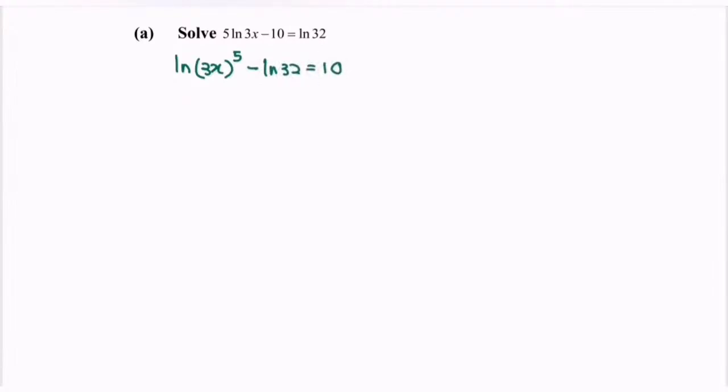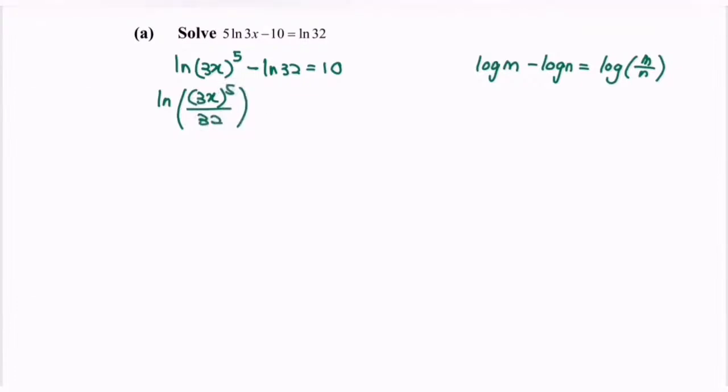By using the properties of log, where we have log m minus log n is equal to log bracket m over n. So for this case, ln bracket 3x to the power of 5 over 32 equals 10.